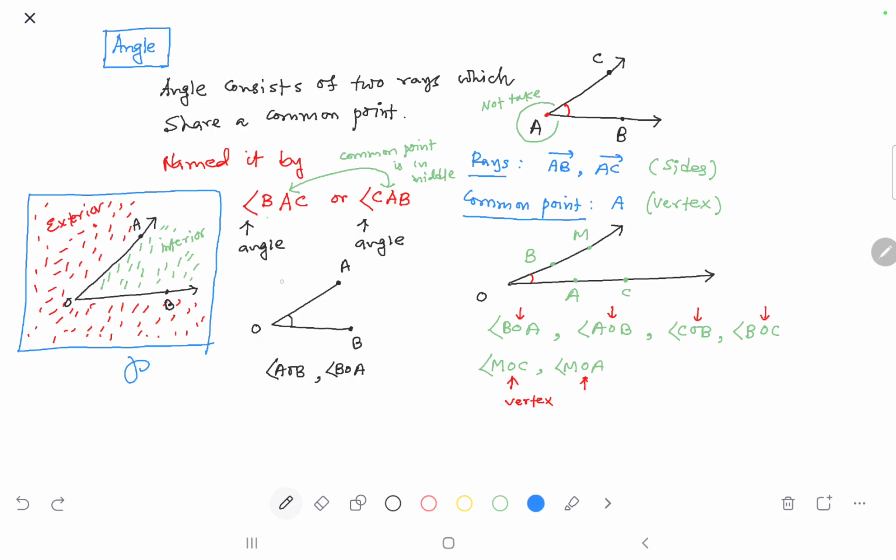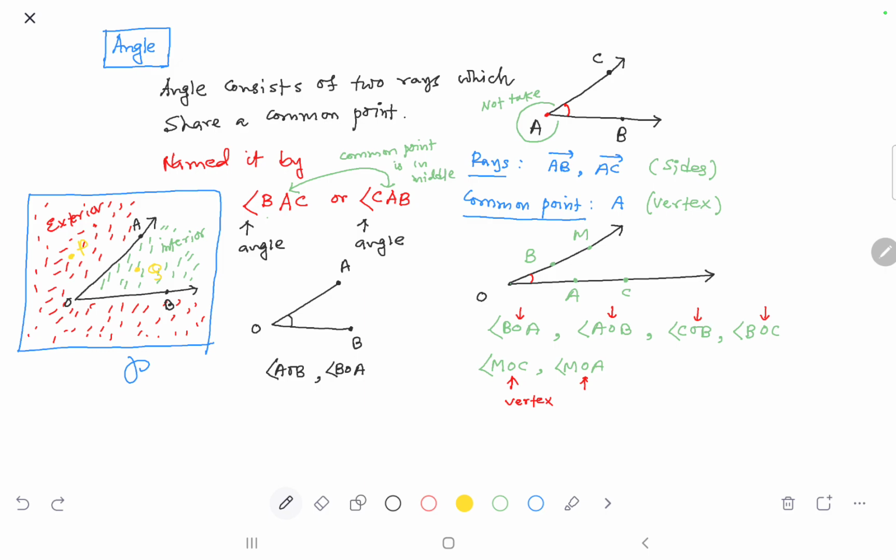Now let me give you one example. Let's say I take a point with respect to this angle. Now you tell me if it is interior or exterior. Let me take the yellow color. This point, can you see it? The point P, and here the point Q. So is point P interior or exterior with respect to this angle, Mohammed?